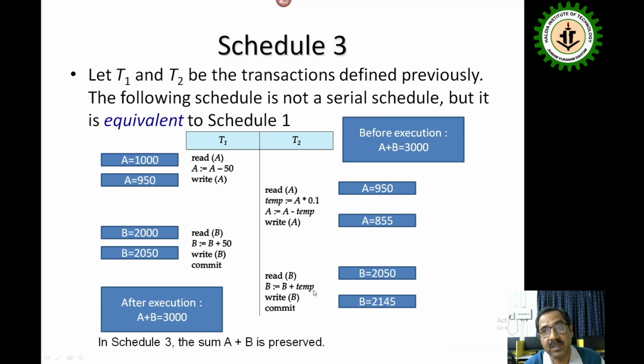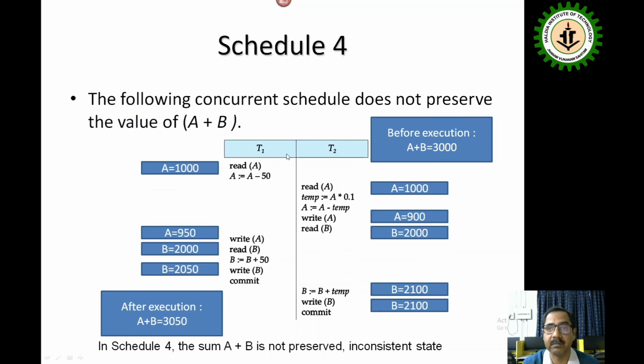If a non-serial schedule executes in an arbitrary order, then the database may be inconsistent. That's why we need to control the concurrent execution of the schedules.